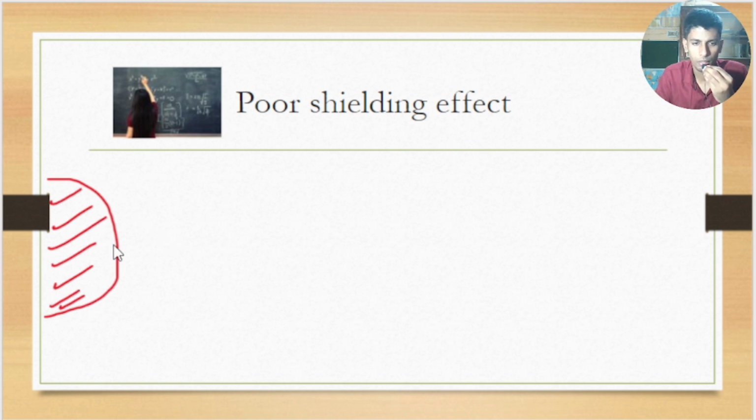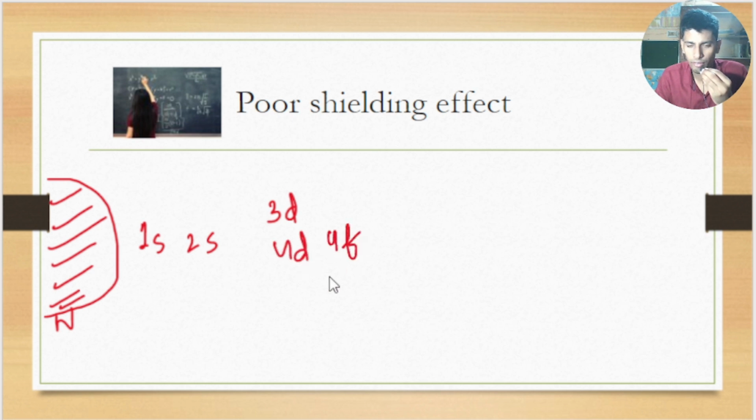So for example, this is a nucleus, and we know that there are orbitals 1s, 2s, and there may be 3d, 4d, 4f, 5d. Here the electrons are also 14, then 10, and from the nucleus the effective nuclear charge comes out.